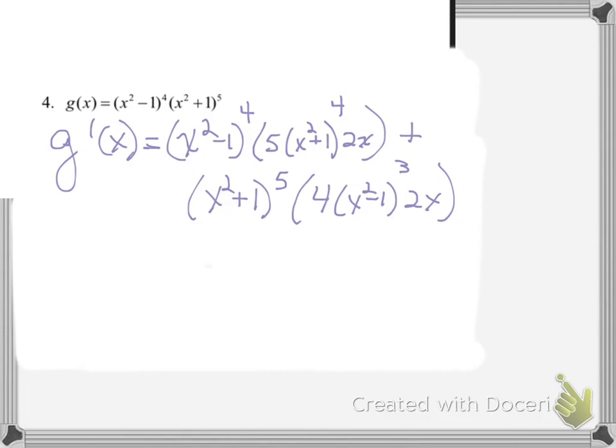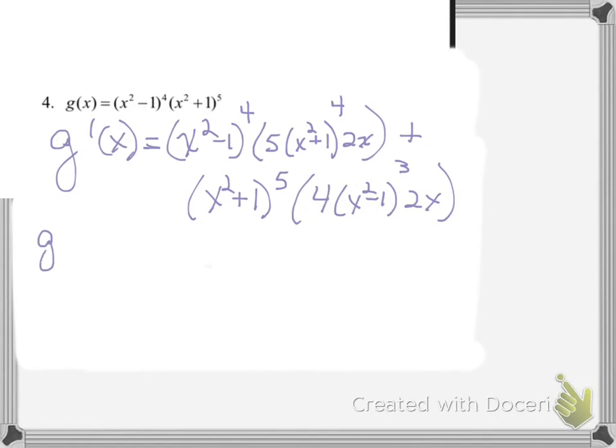Looking at both of these, I am seeing that I have an x squared minus 1. I think I'm going to take out the x squared plus 1, because I can take that out up to the 4th power. So, well, let's do this.